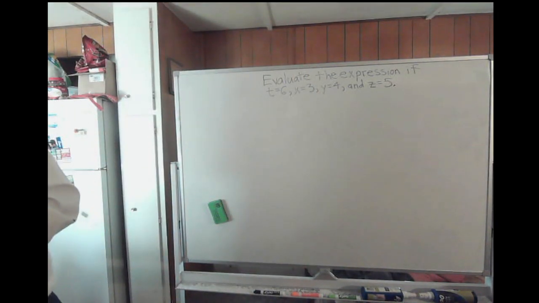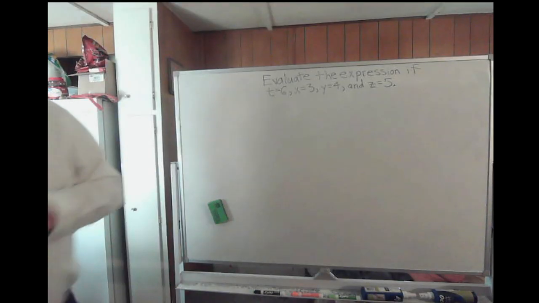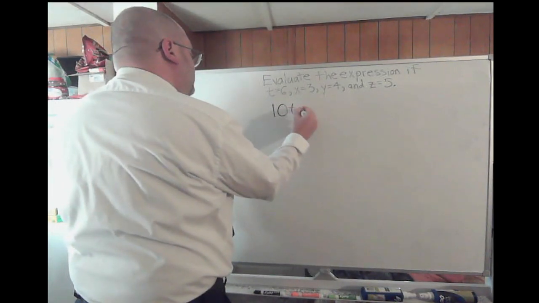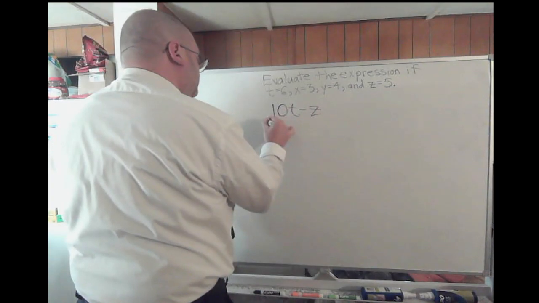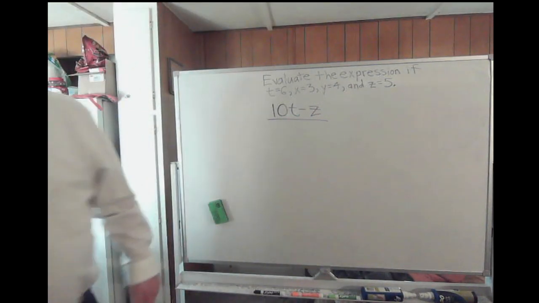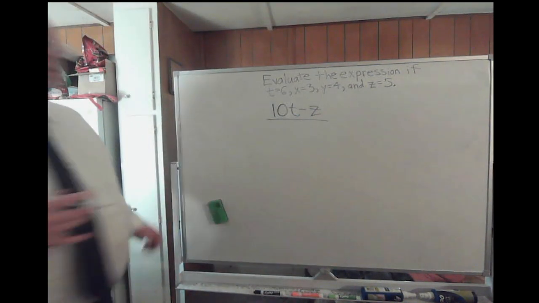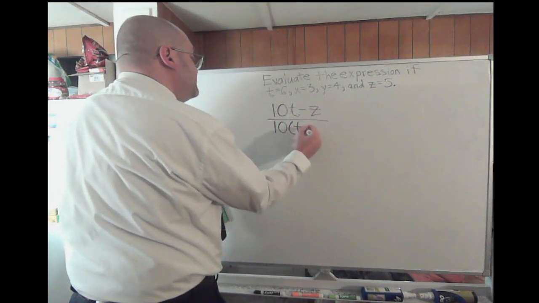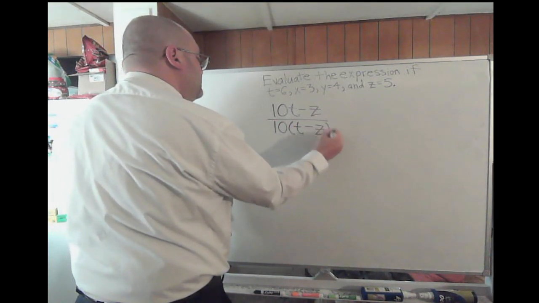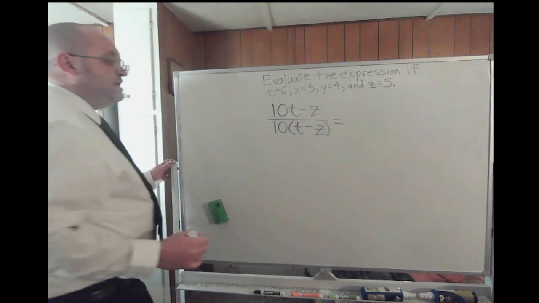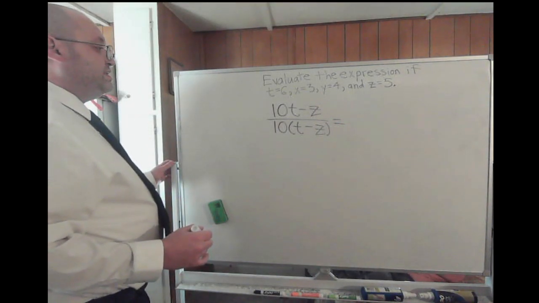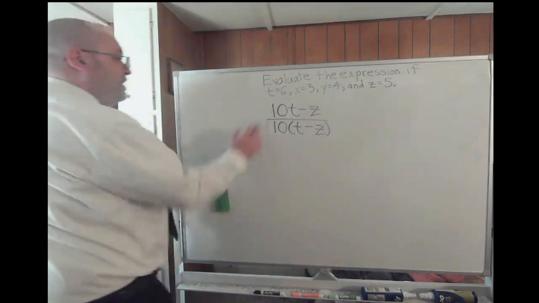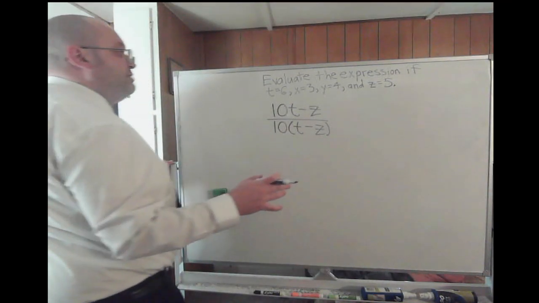I have about 6 more problems. So I got 10t minus z all over 10 times the quantity of t minus z. So the numerator and denominator are a little bit different. So of course, wherever you see your variables, substitute the value of those variables in.